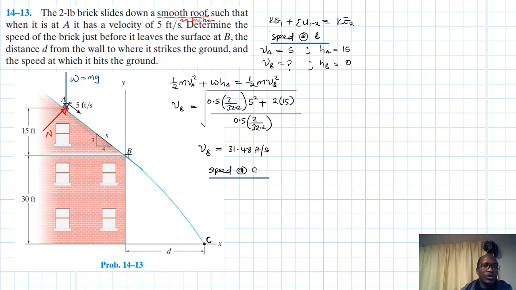Again, there are two ways of solving this. We'll say our VA is equal to 5.